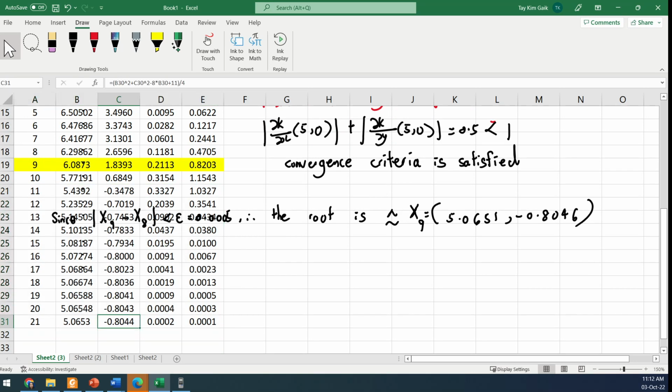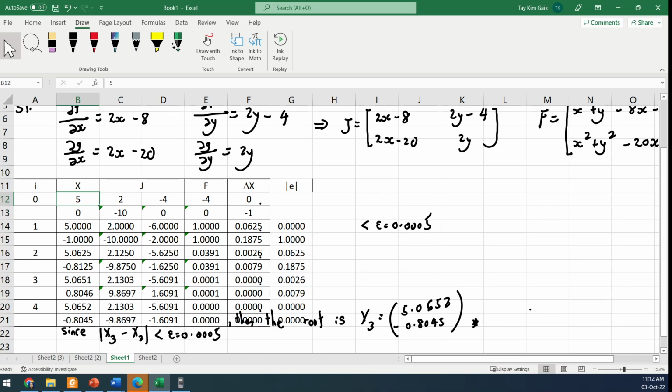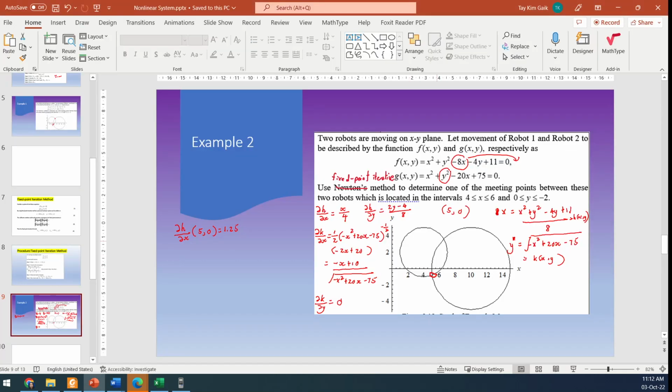With Newton's method, if I change to 6, 4 and plug it in, I can get the second root, which is 6.5348, 3.6045 here.